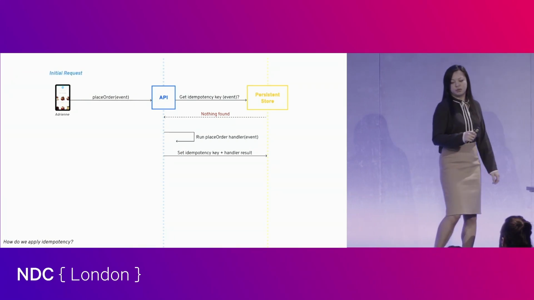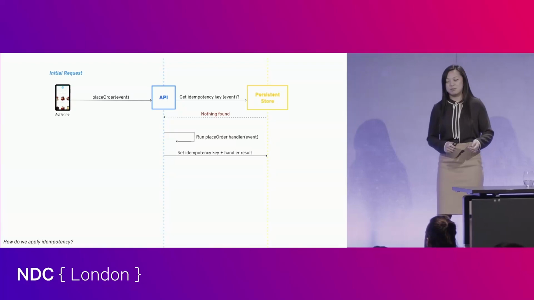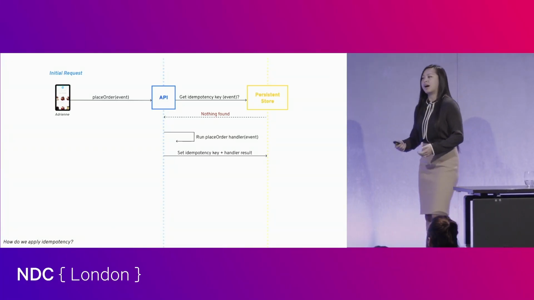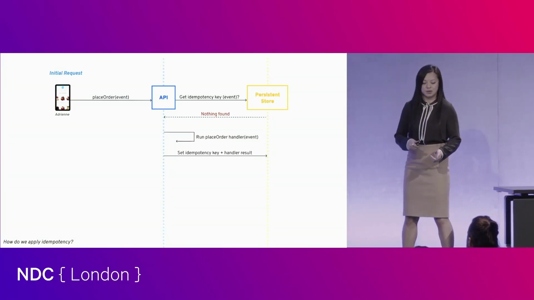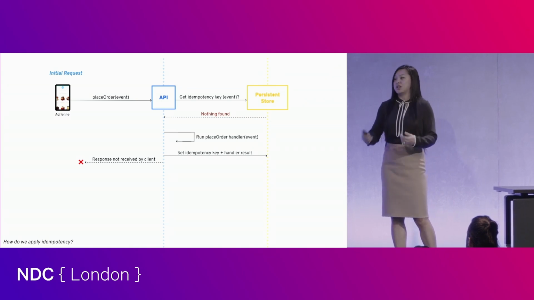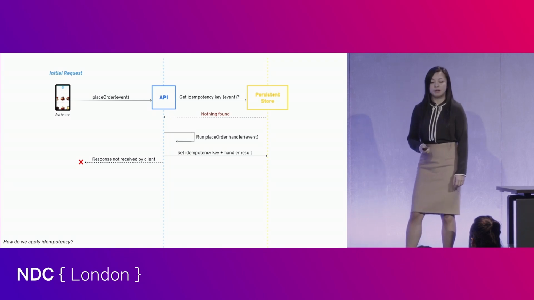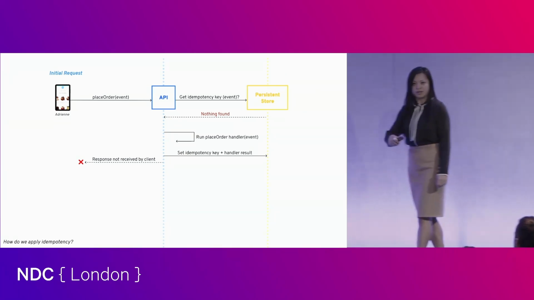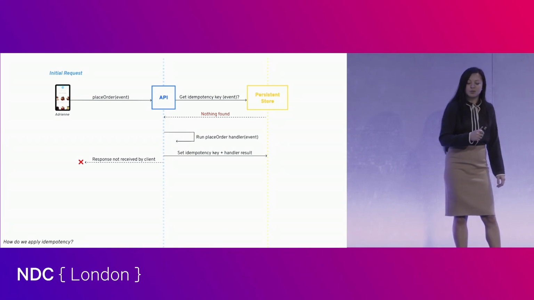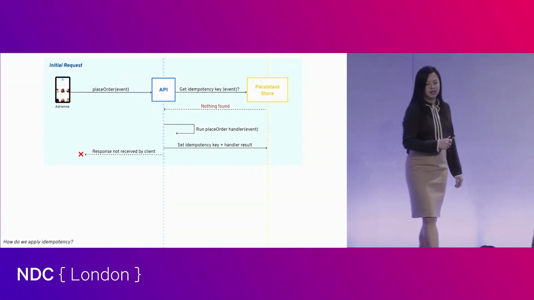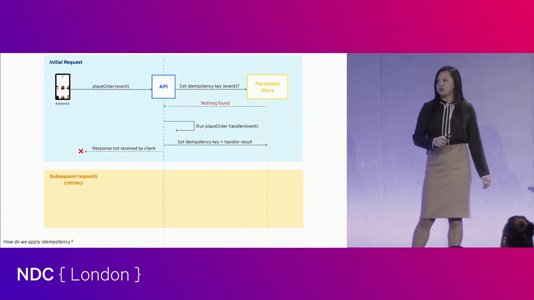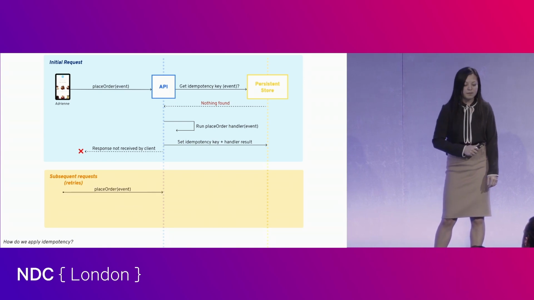So now, this initial request is way more idempotent, and I think you can understand why this is way more helpful than the last one. So let's say we continue on with the previous example where I was going through the tunnel. And let's say the same thing happened, but this time this idempotent request has run. So when the response was not received by me, and I am like, oh no, I need my cake, I'm going to place the order again.